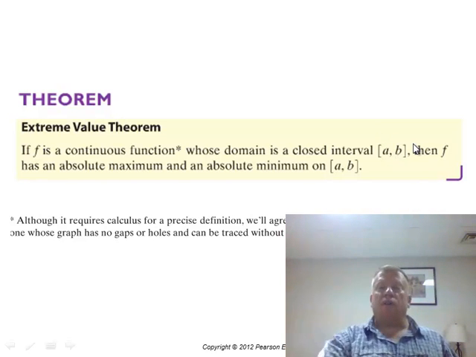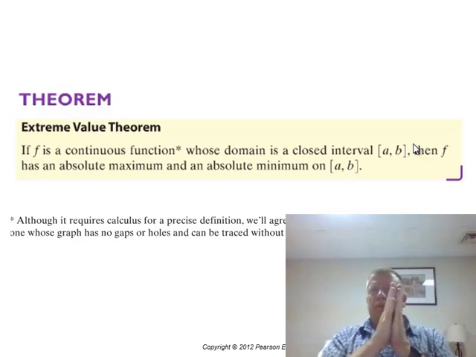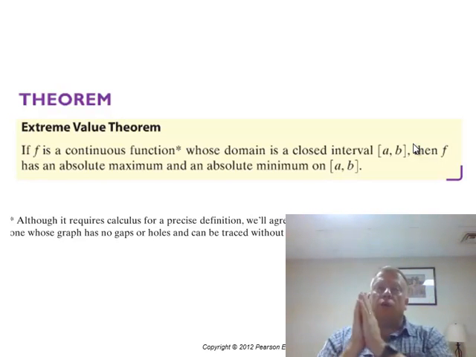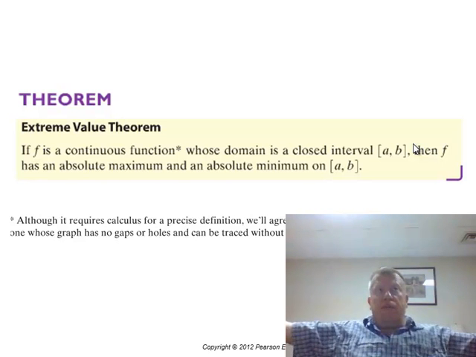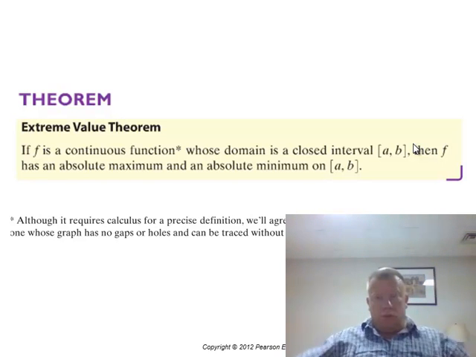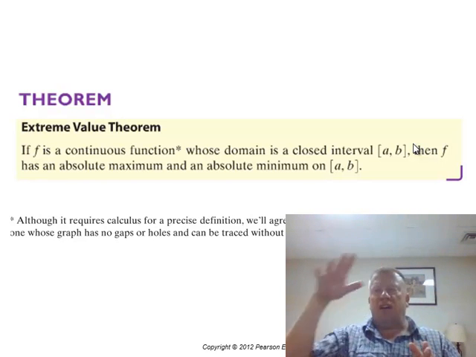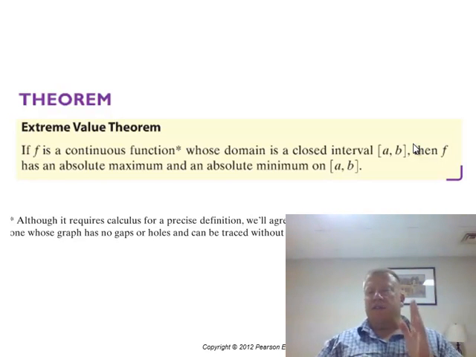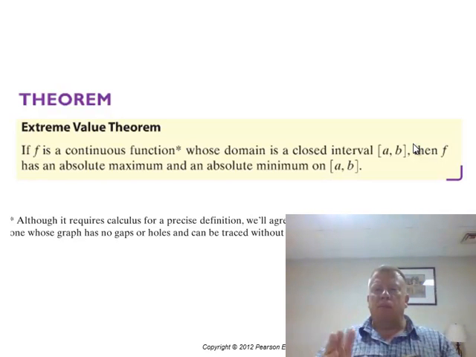But all we're saying here is that on any closed interval, whether that closed interval is from, I don't know, -1/8 to 1/4, or -1,000,000 to +1,000,000 closed, no matter the size of that closed interval, as long as the function is continuously defined over that closed interval, that function will have an absolute maximum and absolute minimum value on that closed interval. Guaranteed.